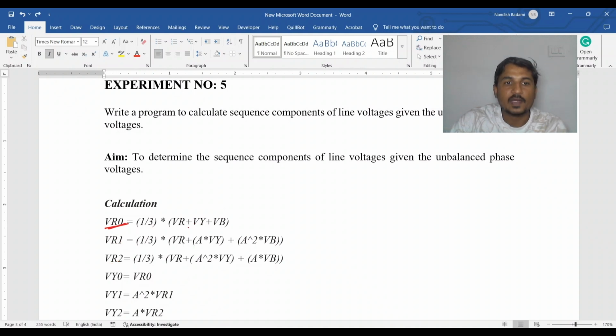For positive sequence R phase voltage, it is given by 1 by 3 times VR plus A times VY plus A square times VB. Similarly, the negative sequence R phase voltage is given by 1 by 3 times VR plus A square times VY plus A times VB. This is for R phase.